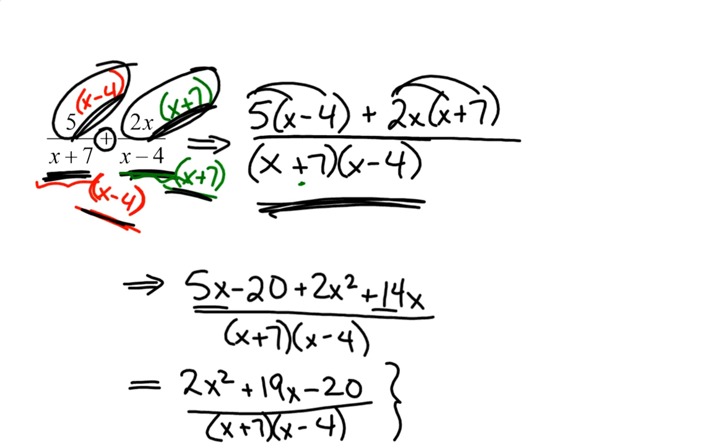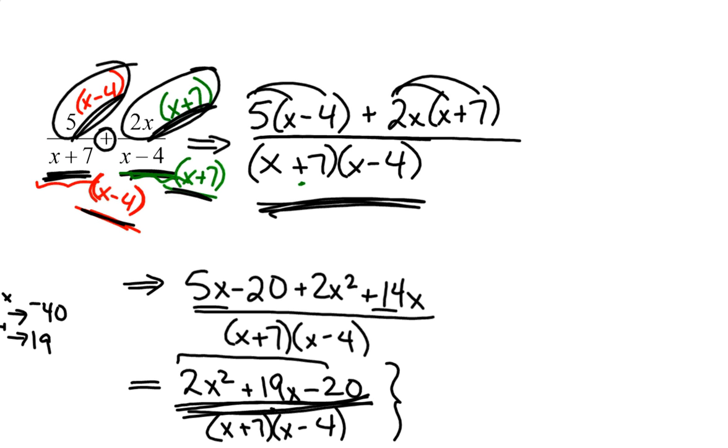Well, I would only be able to simplify if I could factor this top part. So this numerator, can it be factored? Well, 2 times negative 20. We need to multiply to get negative 40, but add to get 19 if I'm going to do decomp.